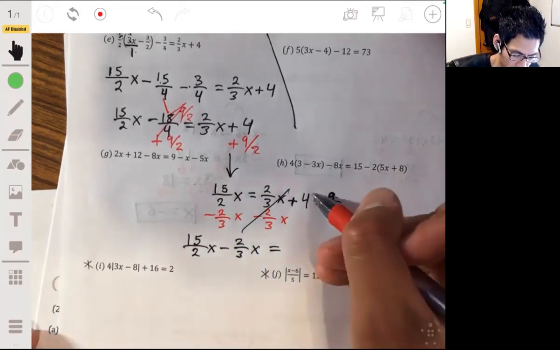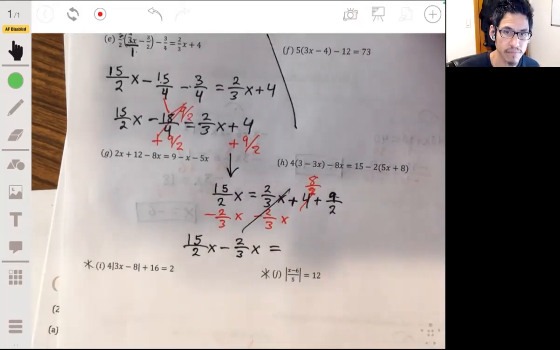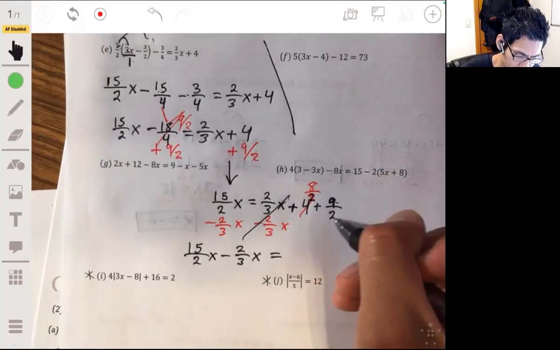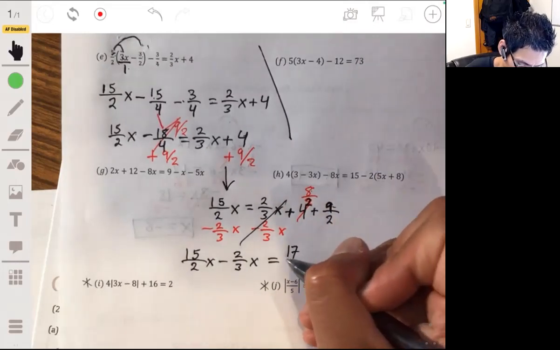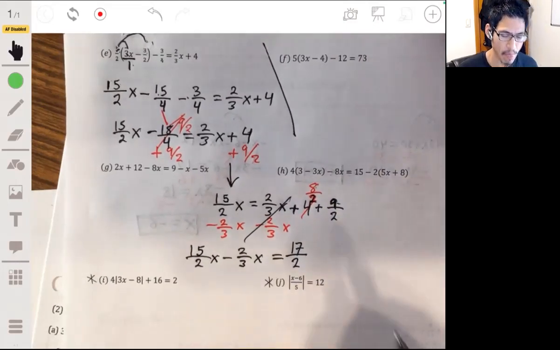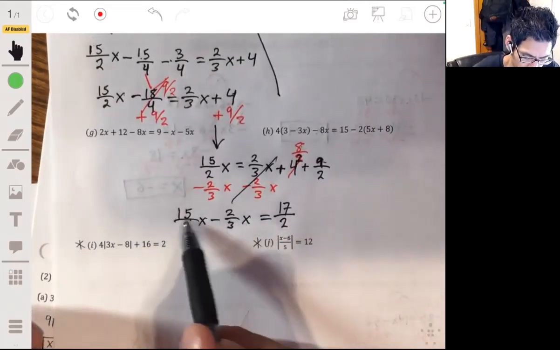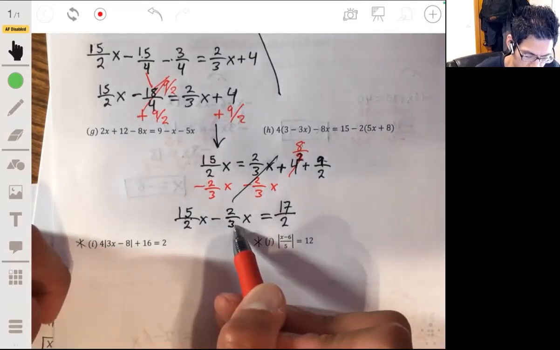Now 4 is the same as 8 halves, because 4 is the same as 8/2. So 8/2 plus 9/2 is just 17/2, because we only add the numerators. Now to combine both of these, we're going to need to make the denominators the same.